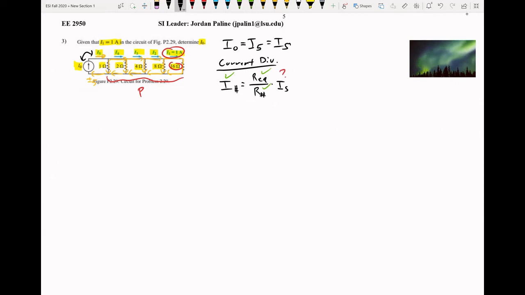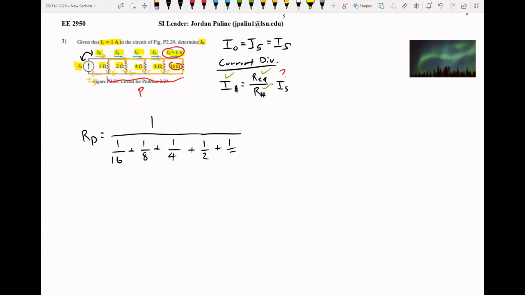Let's see what it looks like. So R parallel here is going to be kind of long, so we're going to do 1 over 1/16 plus 1/8 plus 1/4 plus 1/2.